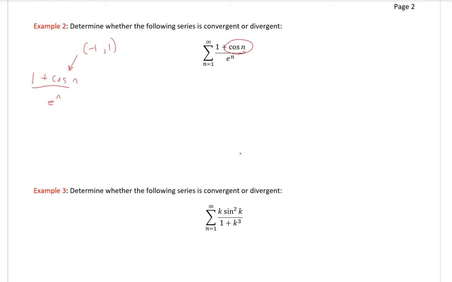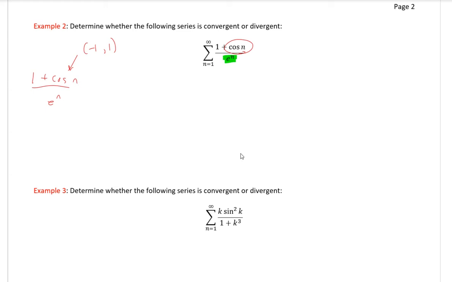And likewise on the denominator, to think about how I want to compare this, e to the n kind of looks like a geometric series, because it looks like I have a constant taken to a power. And that constant, e, is on the denominator, so that's 1 over e, which is less than 1. I'm probably trying to show that this is convergent.